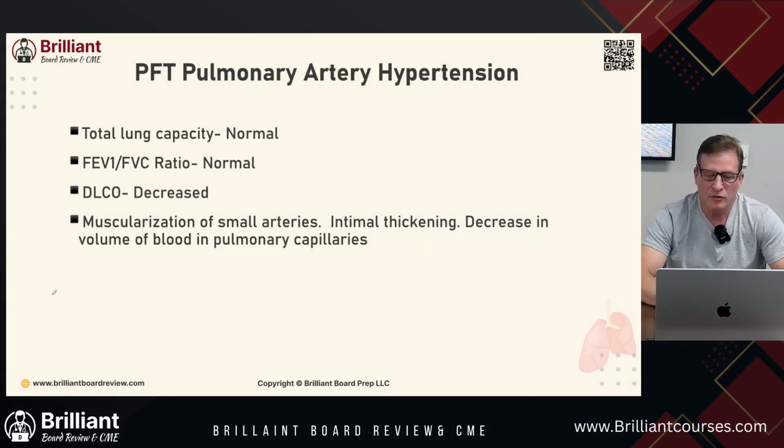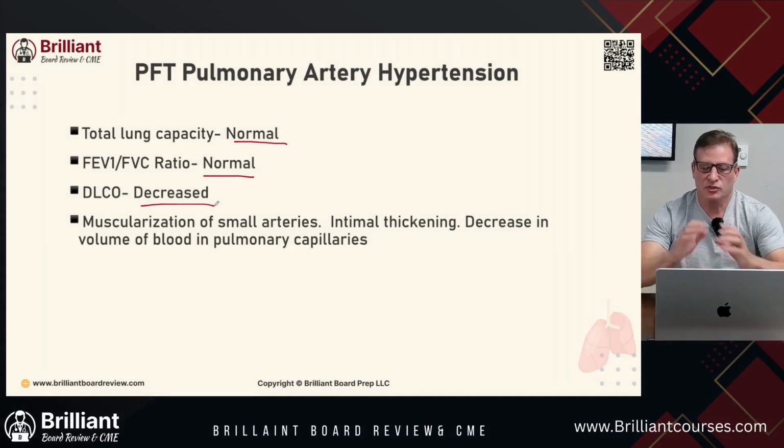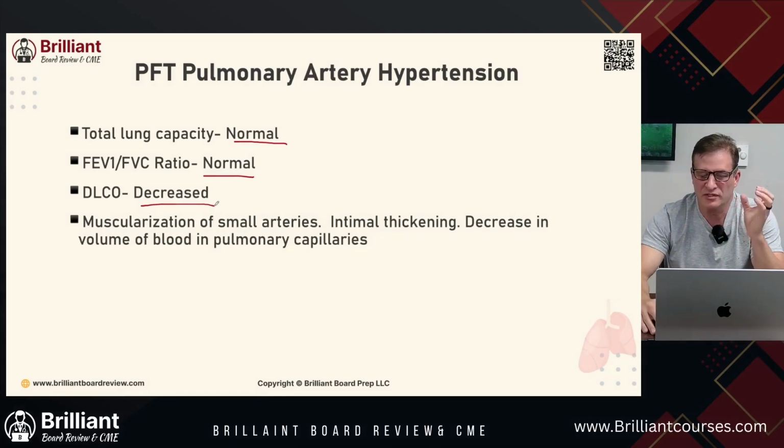Total lung capacity is going to be normal. Your FEV1 FVC ratio is going to be normal. Your DLCO is going to be decreased. The musculature of the small arteries are going to have intimal thickening, decreasing the volume of blood in the pulmonary capillaries.